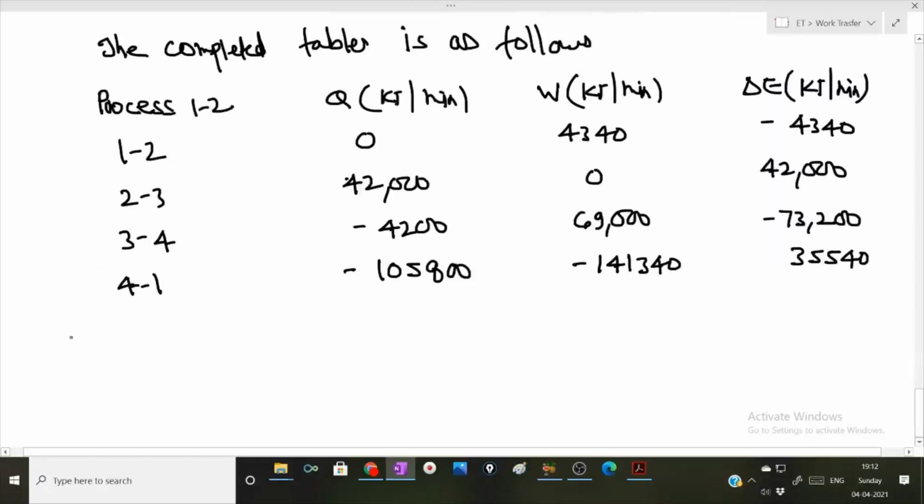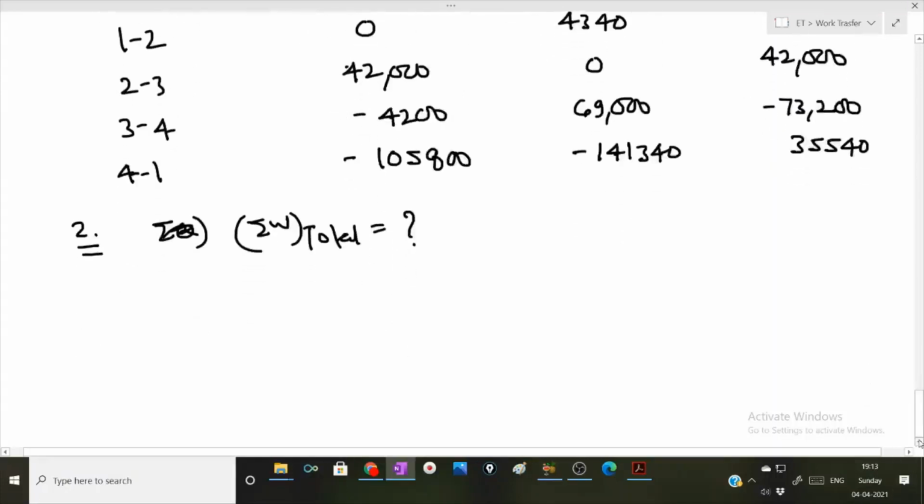Now the second part of the solution is the net work transfer, or total work transfer, in the entire cycle.